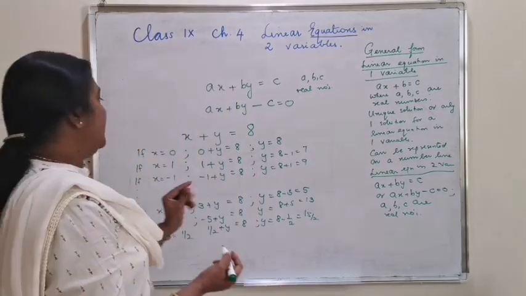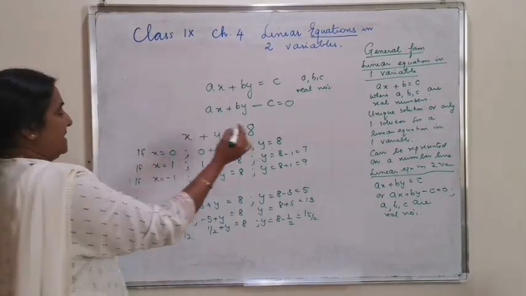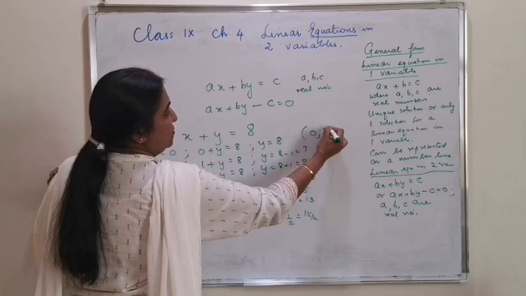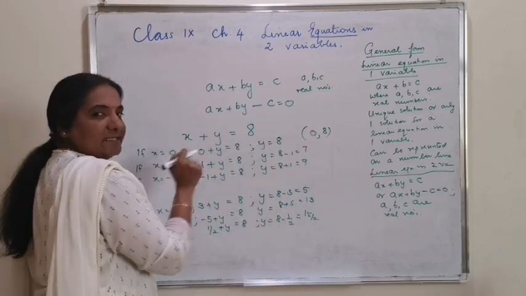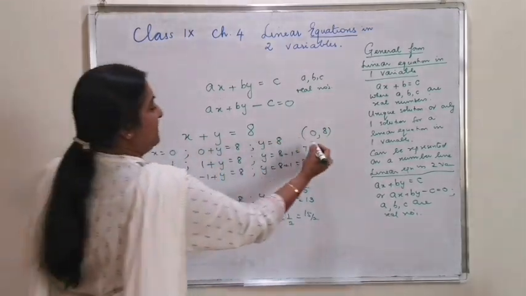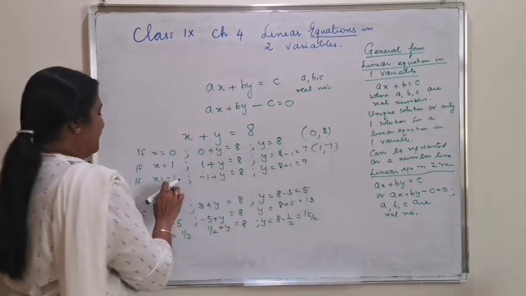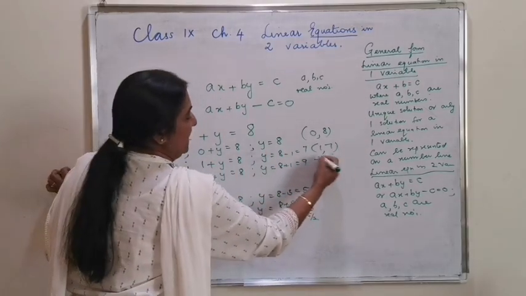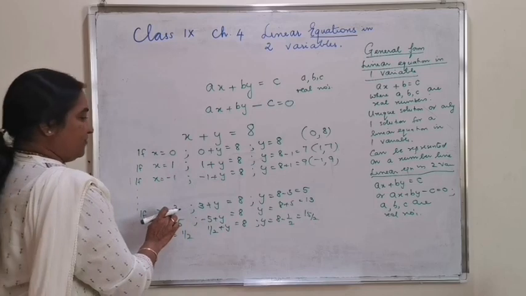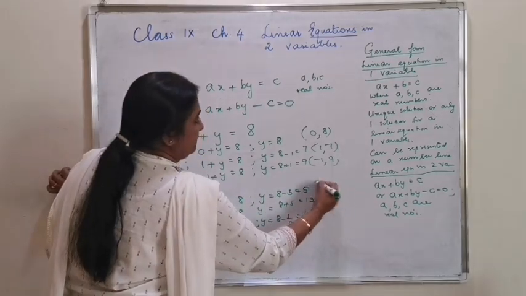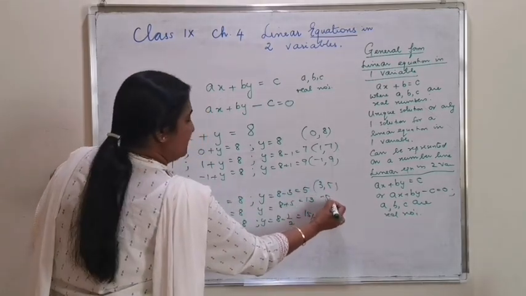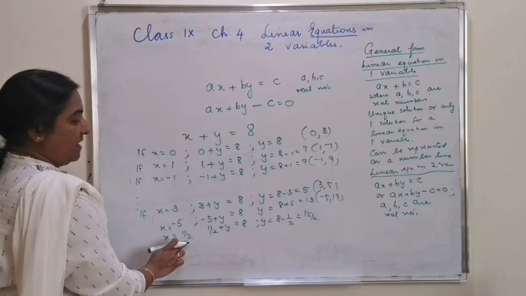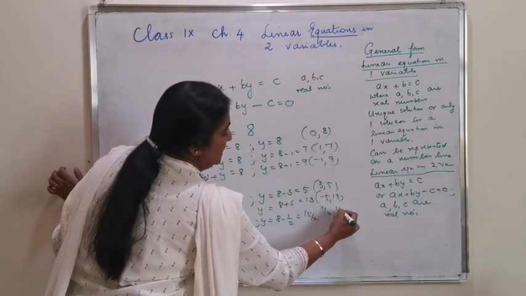So the first ordered pair which satisfies the equation is (x, y) equal to (0, 8). The second ordered pair is (1, 7). The third pair is (-1, 9), then (3, 5), (-5, 13), and (half, 15 by 2).